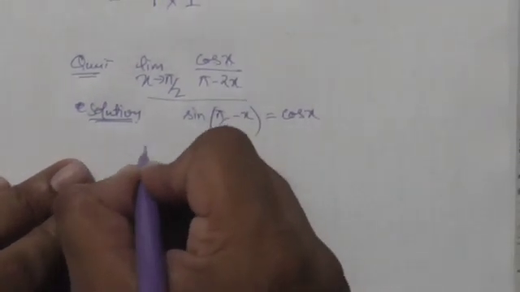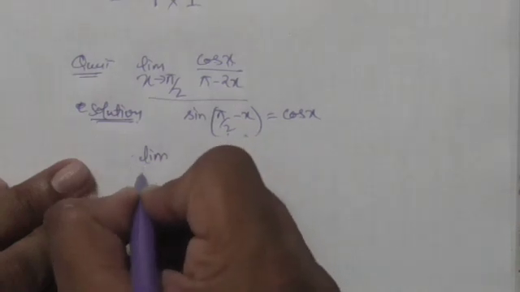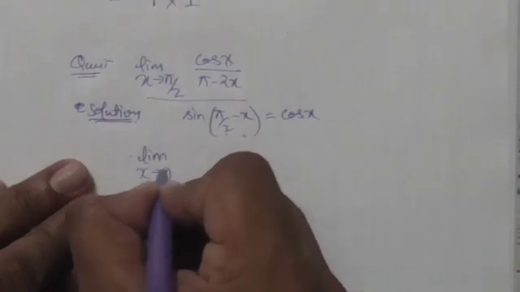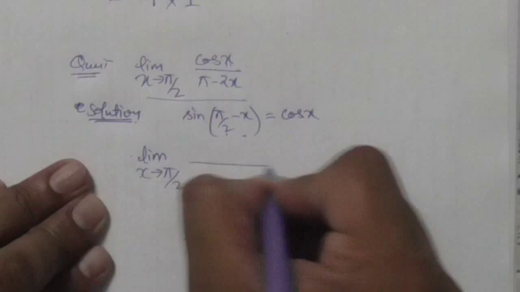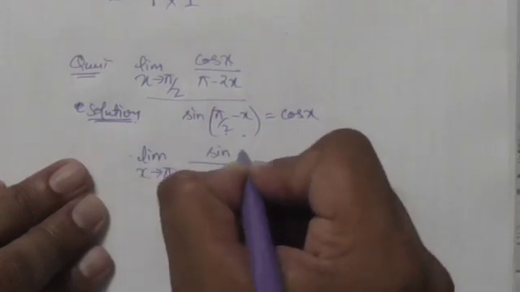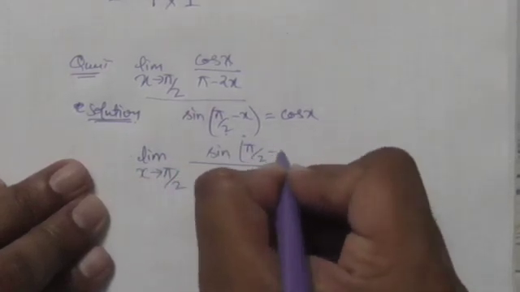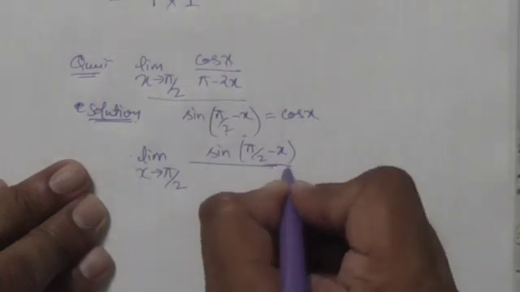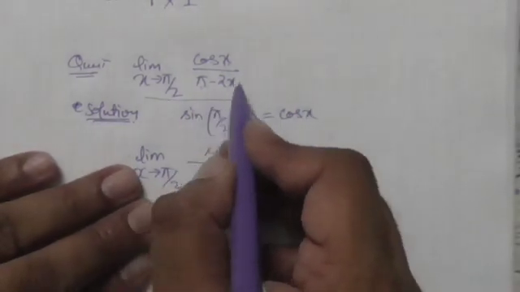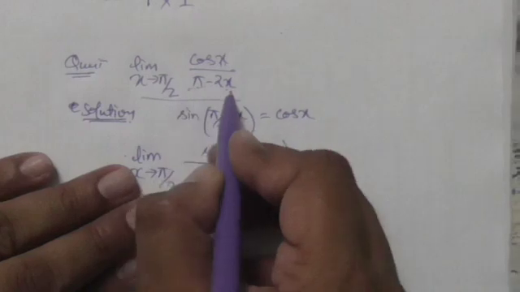So we get limit x tends to pi by 2 of sine of pi by 2 minus x, right? Now in the denominator we will take 2 common.